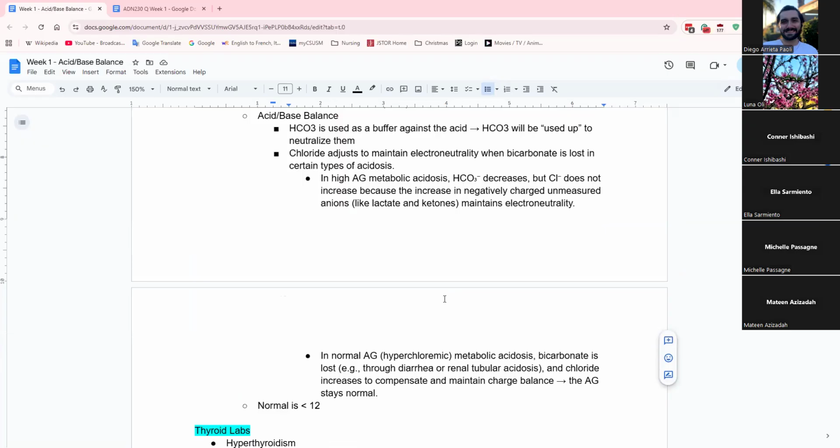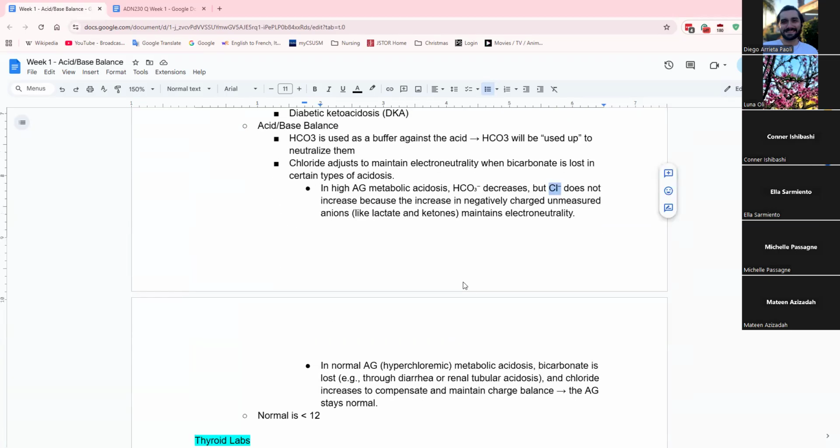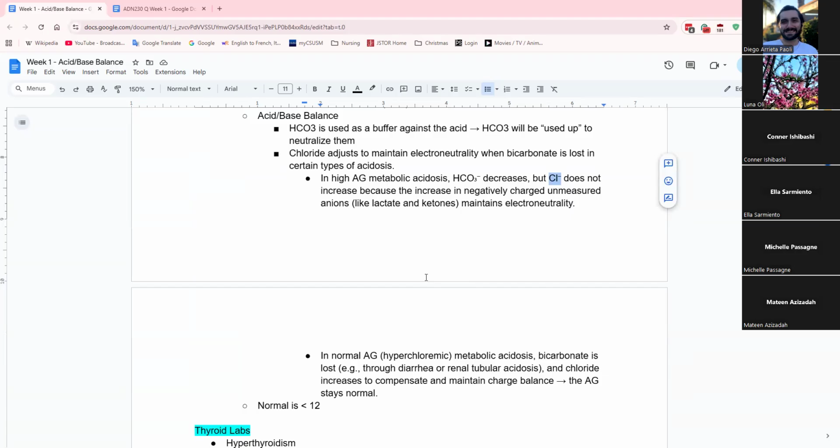It is also possible to become acidotic due to too much chloride, because like I mentioned here, the chloride is negatively charged. So there is such a thing as a hyperchloremic metabolic acidosis, which is something that can occur when somebody is receiving high amounts of normal saline for long periods of time. So for that reason, you will have some doctors that do not like to provide maintenance fluids.